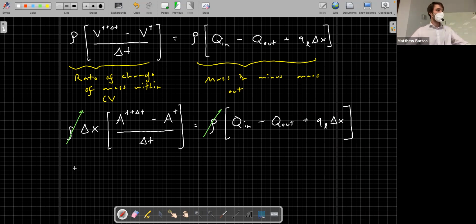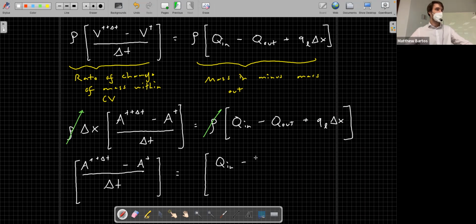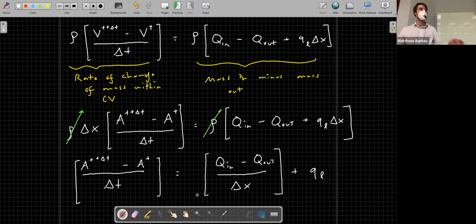And what we get is the following expression: cross-sectional area at time t plus delta t minus cross-sectional area at time t, all over delta t, is equal to Q in minus Q out over delta x, plus the lateral overflow. Okay, so I've just divided by delta x on both sides. I've divided by the density on both sides.